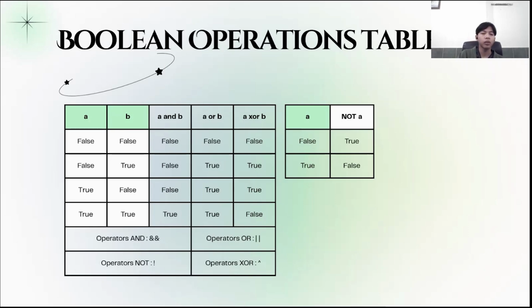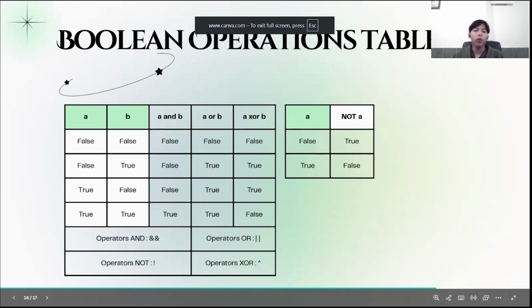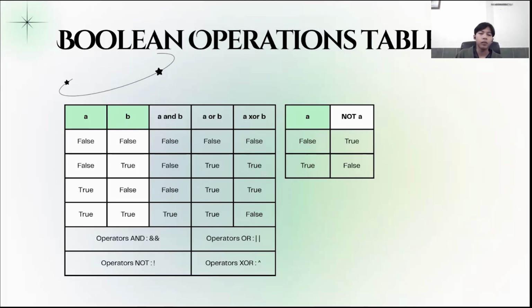At the bottom of the table is how we type the operators. To type the AND operator, we type double ampersand. To type the OR operator, we type double vertical bars. To write the NOT operator, we type an exclamation symbol.